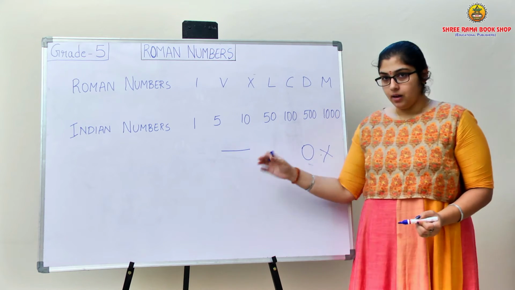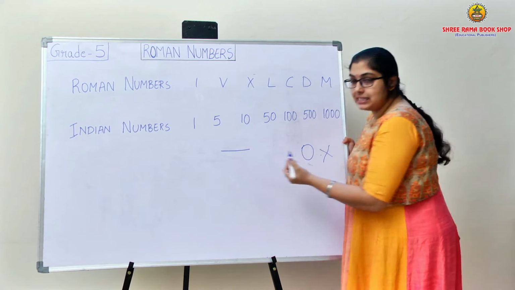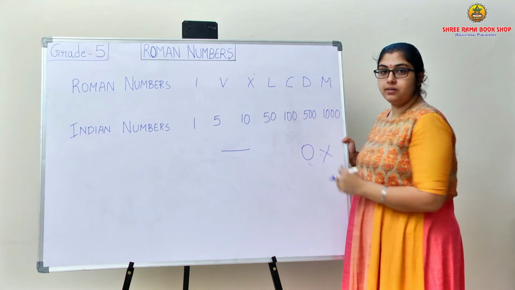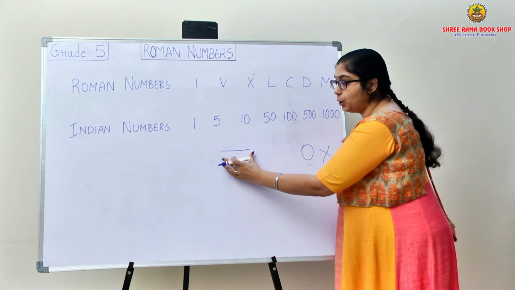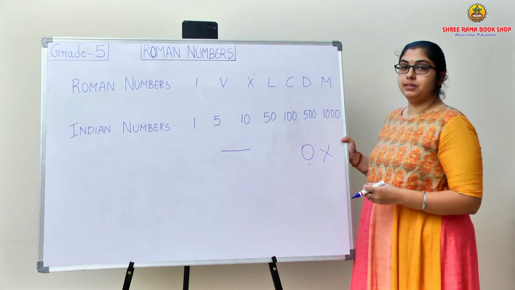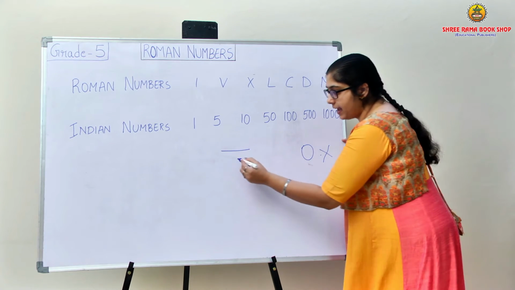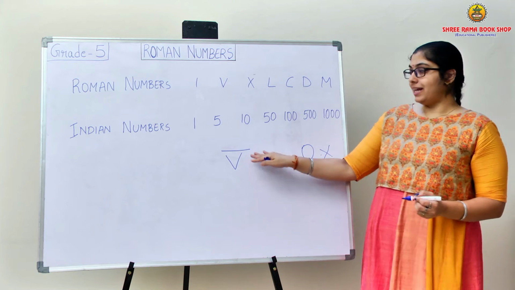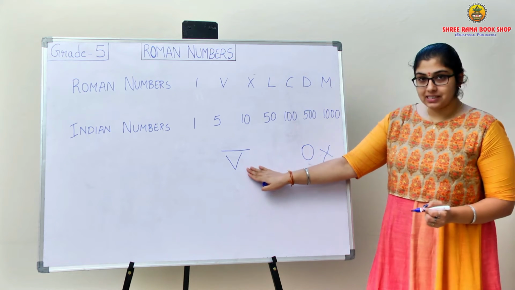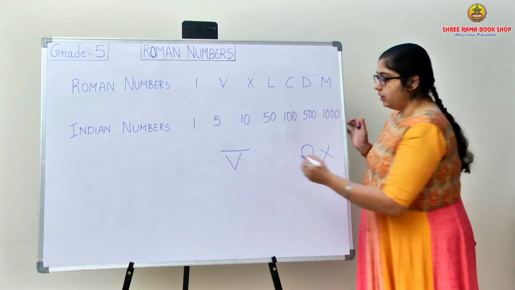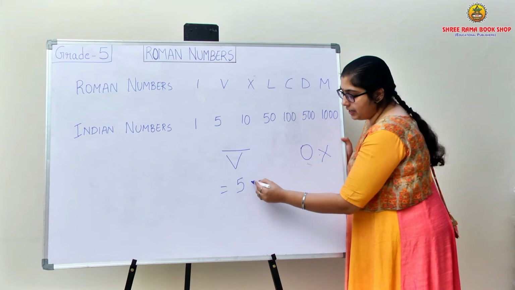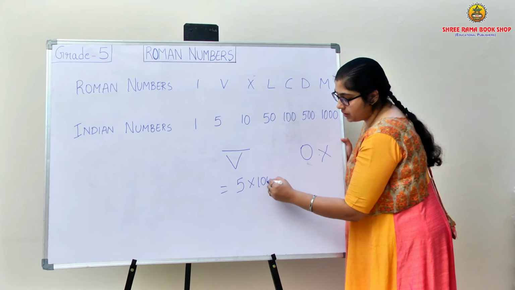This is a bar. If a bar is placed above a Roman symbol, then we need to multiply that Roman symbol by 1000. So if I have V with a bar above it, what do I need to do? I take the value of V, which is 5, and as the bar is there, I multiply this 5 by 1000.